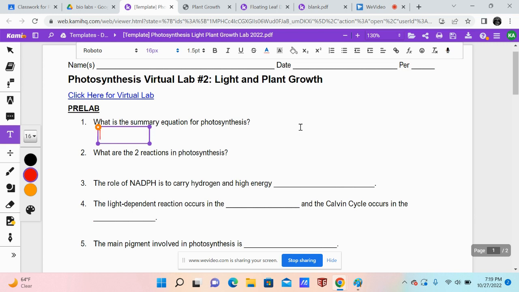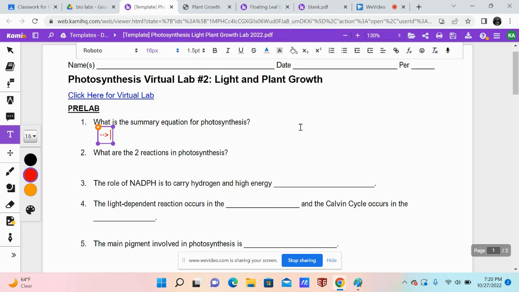All right, anyways, summary equation. You need 6 molecules of CO2 plus 6 H2O, 6 water molecules. Then put an arrow. On the other side of the arrow, the products, what gets made, glucose, and its formula is C6H12O6, plus 6 molecules of oxygen gas, or O2.